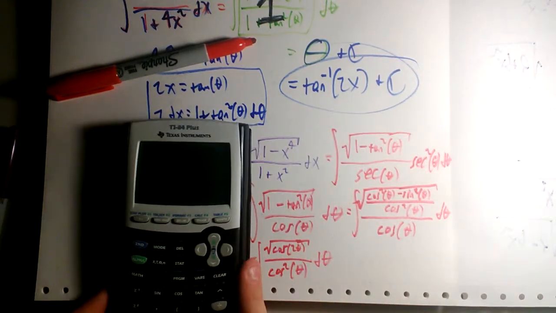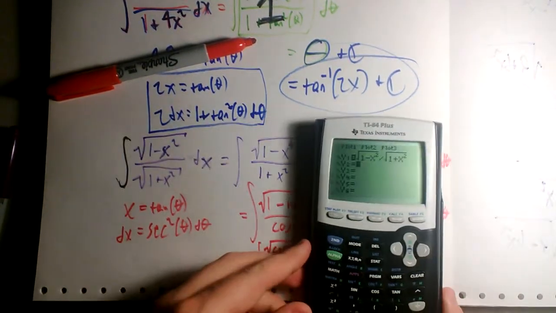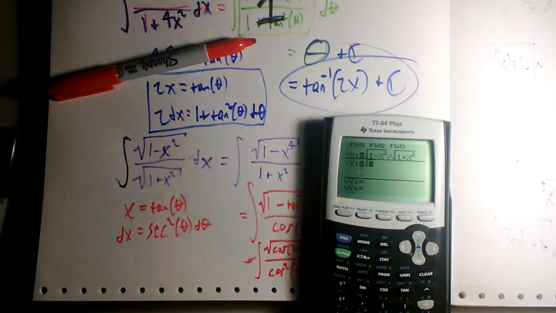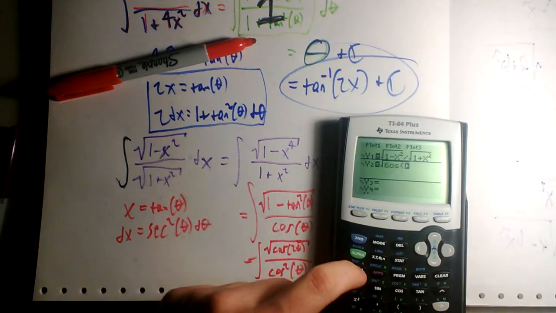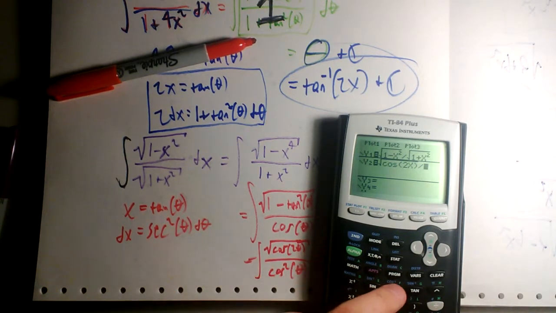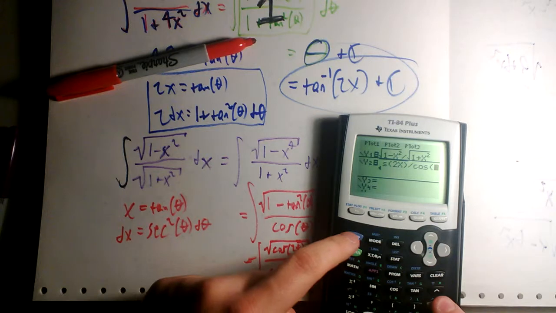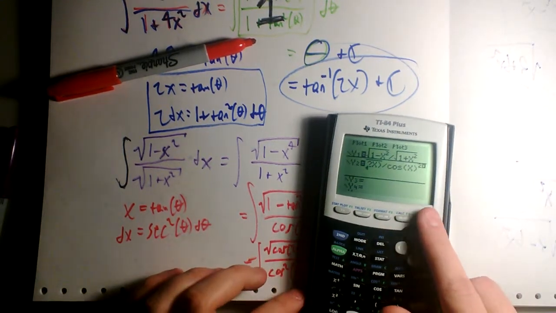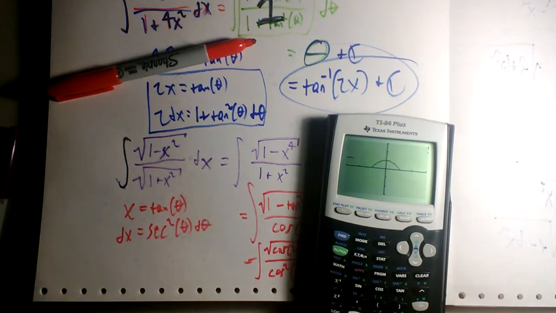And we converted it to the square root of cosine 2 theta, or 2x in this case, divided by cosine x squared. Hopefully you can see this okay. That value is squared. And let's see what this guy looks like. What?